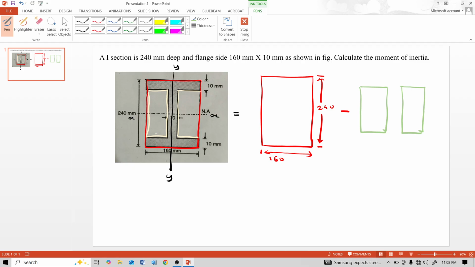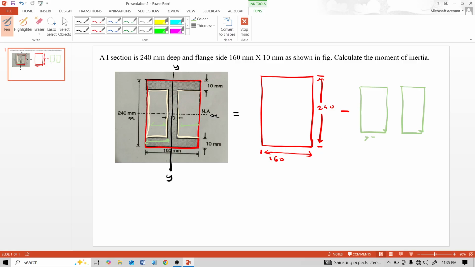This part is 160 divided by 2, that means up to this distance, 80 minus 5, that means 75. This distance is 75 and this distance is also 75.